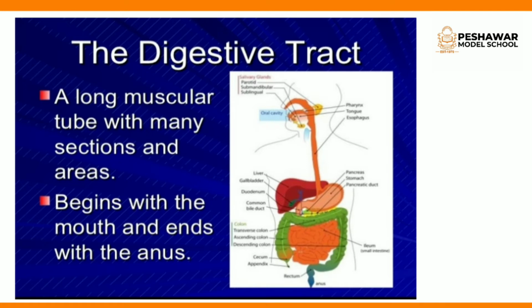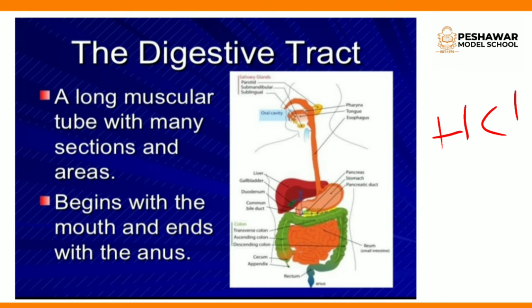Now the food is stored in the stomach for a few hours, and the stomach can hold about 1.5 liters of food. The food is mixed with gastric juices which are made by the walls of the stomach. The gastric juices also contain hydrochloric acid, HCl.